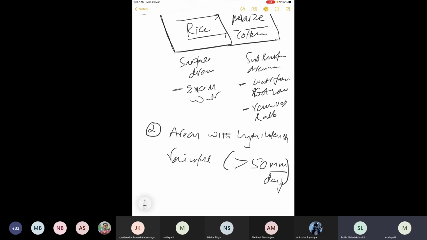In these situations, suppose an area contains a subsurface drainage system, and all of a sudden there is a huge rainfall. In that case, the subsurface drainage system may not be effective. So you may have to go for a surface drainage system also, a combination of surface and subsurface drainage systems.